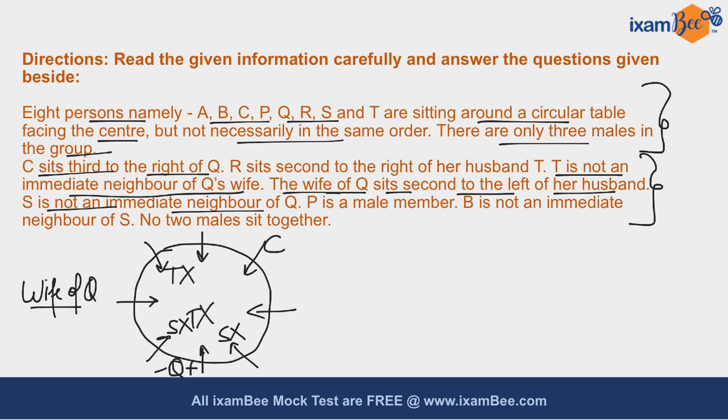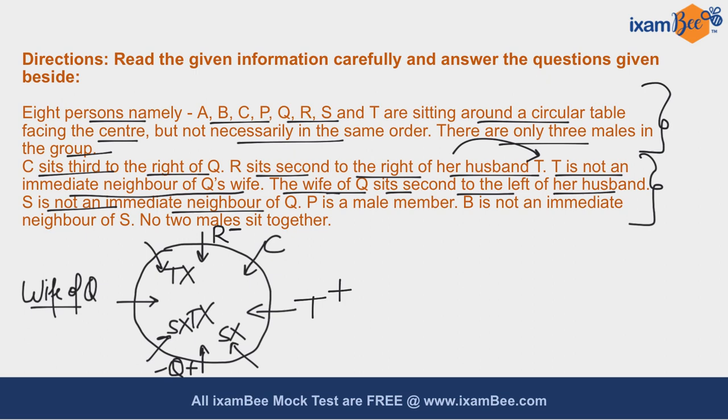Now it is given to you that R sits second to the right of her husband T, which means R is a female member because her husband is T, which is a male member. Based on these statements, I can place R over here and T over here, because this is the only possibility left for them.